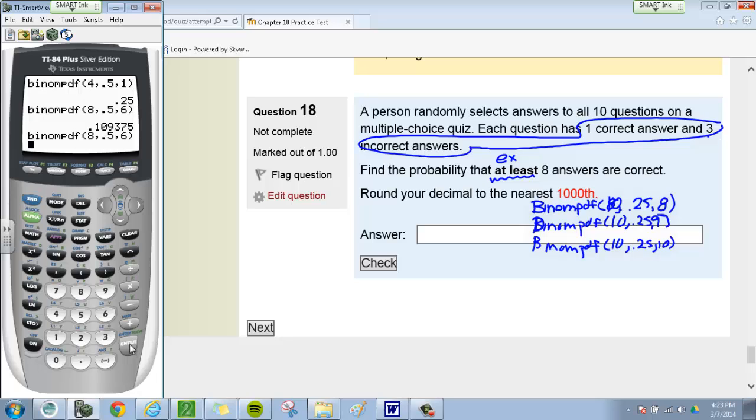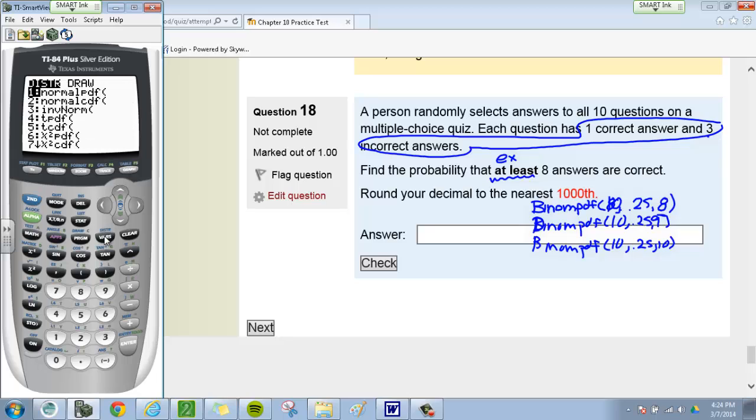Let's just try this. So we got binomPDF, and they're pretty similar. So we start with the 10, comma 0.25, comma, and then we need 8, and then we're adding it to another one.